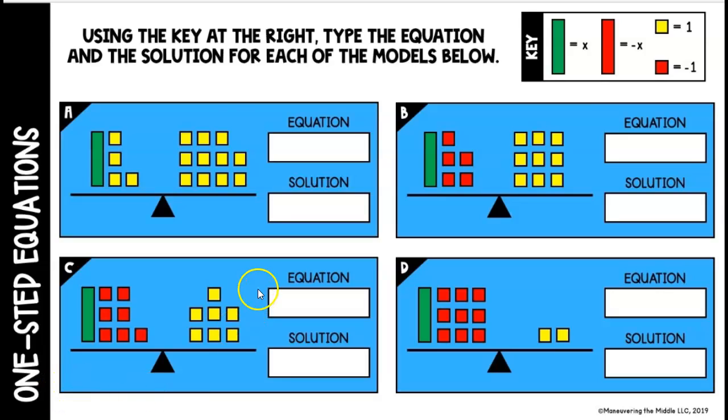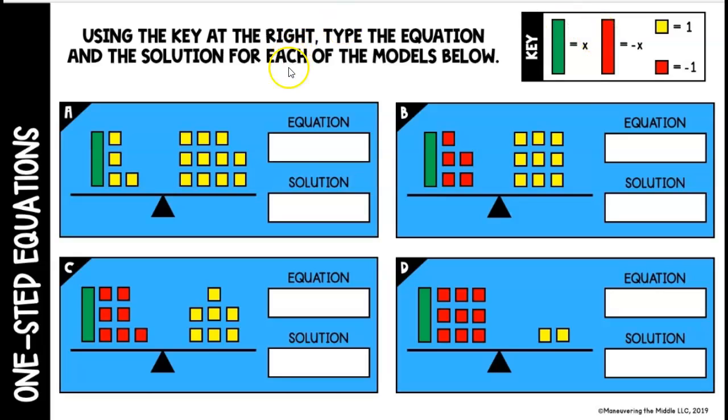Then I found this slide to be particularly confusing, and maybe that's just me, but I thought, if I have questions as a teacher, then my students might too. So I want to explain at least the first one, so you have an idea, and then you can fill out the rest. I want to draw your attention to the key, which is going to be really important.